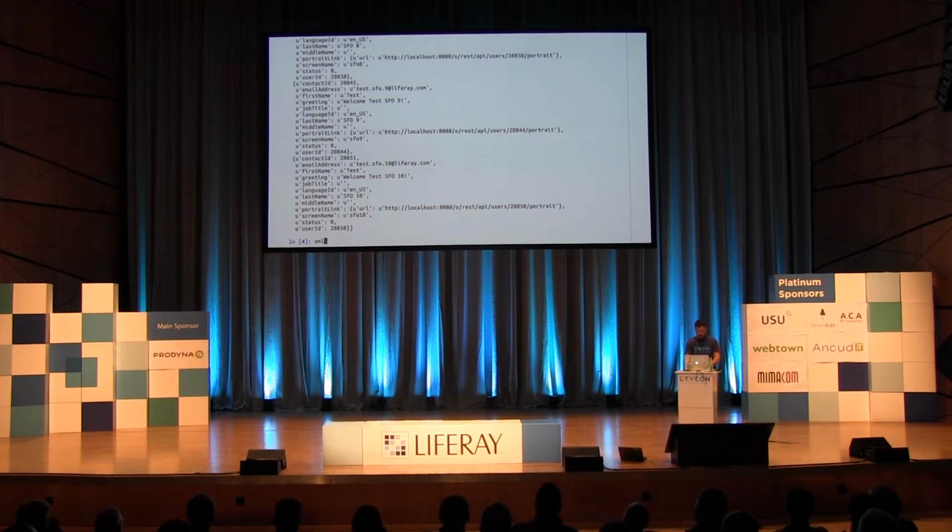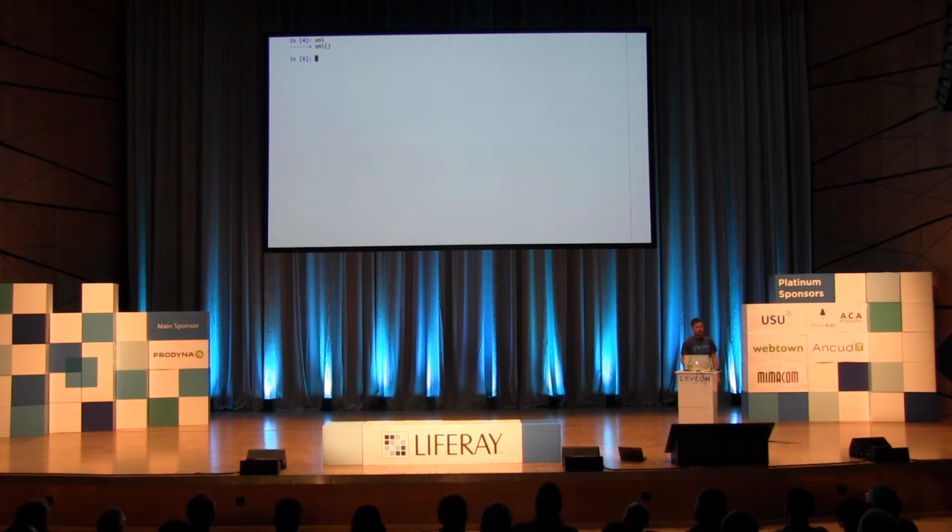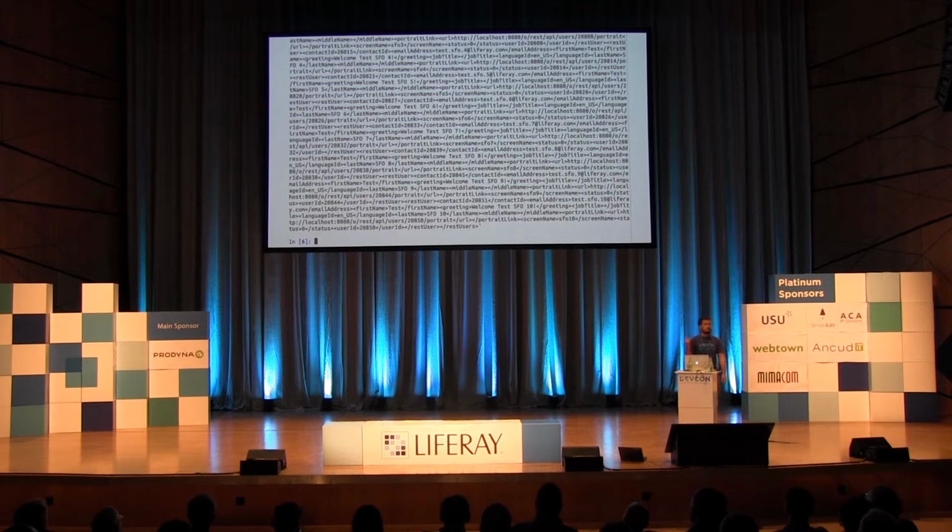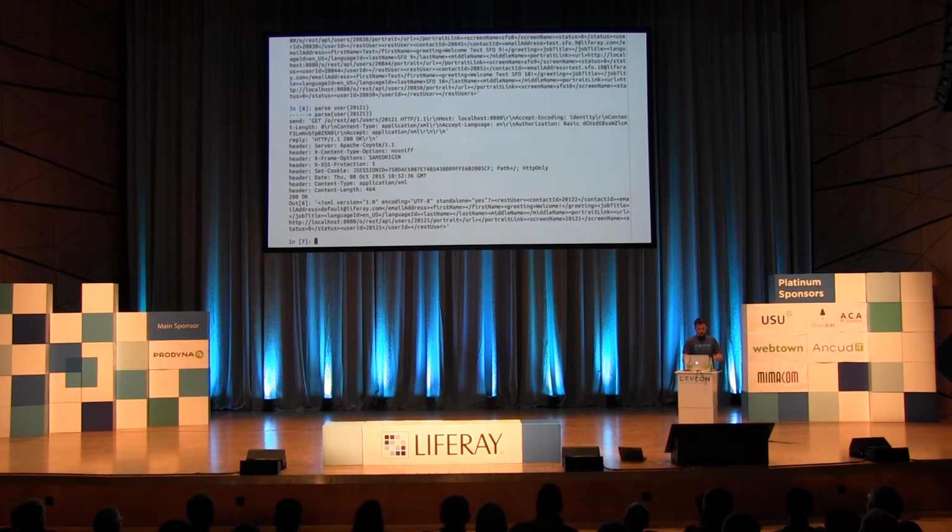I will ask my application, please use XML now and give me all the users. And this is the result that we get. So if we use the standard in a proper way, we can get a lot from it. And we didn't have to touch any line of code of our application. Okay, so this is great. But we can also ask for a concrete user. Both the methods we have shown are working.